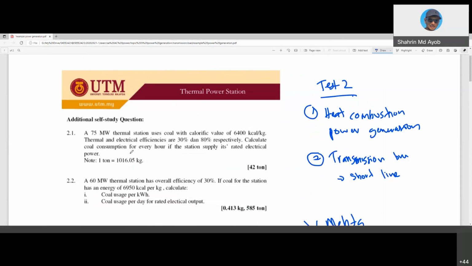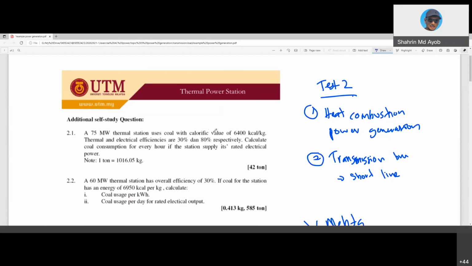A 75 megawatt thermal station uses coal, in Malaysia, arang batu, with a calorific value. As mentioned before, for heat we measure the energy in calories.